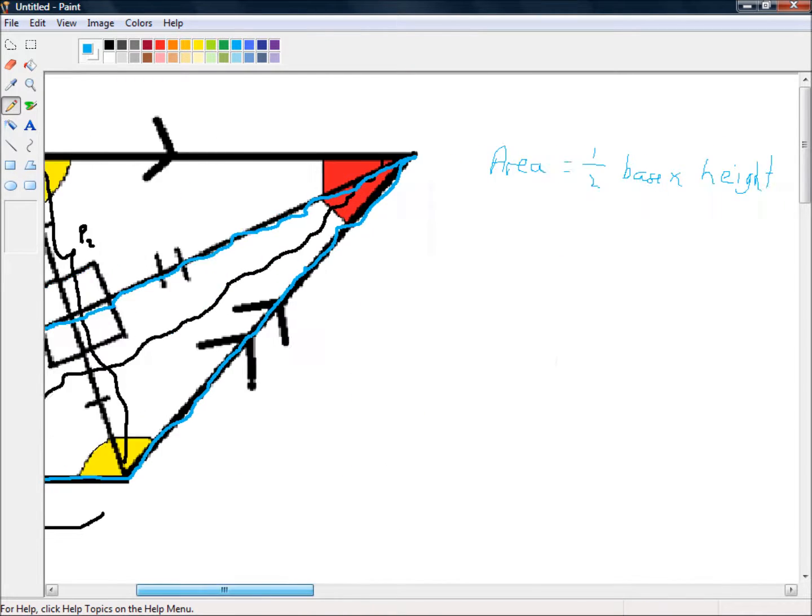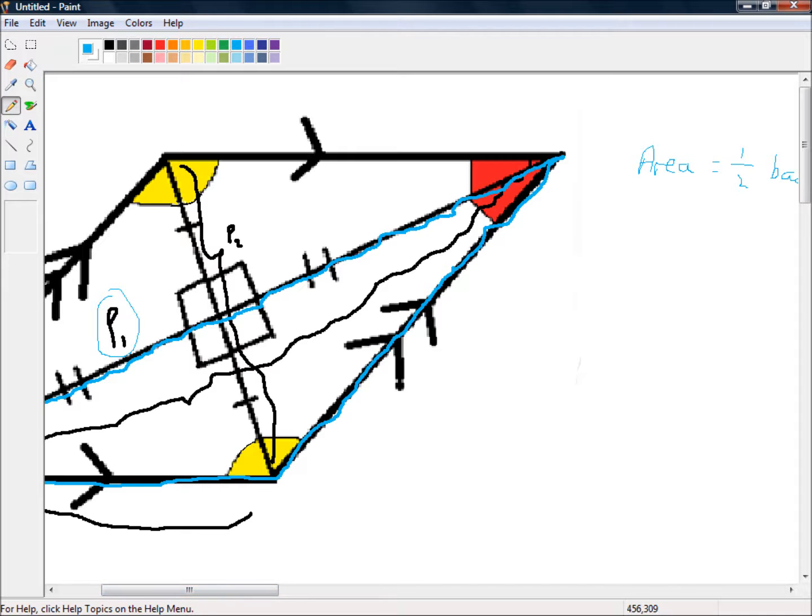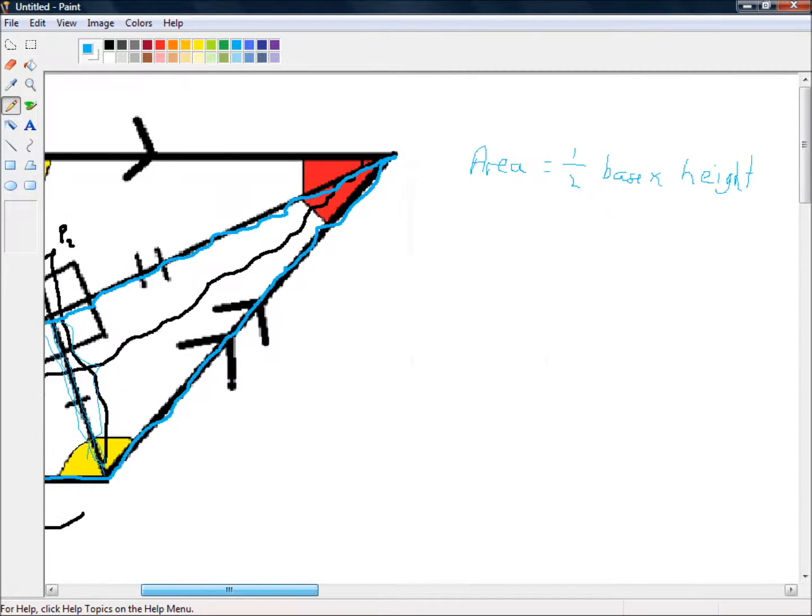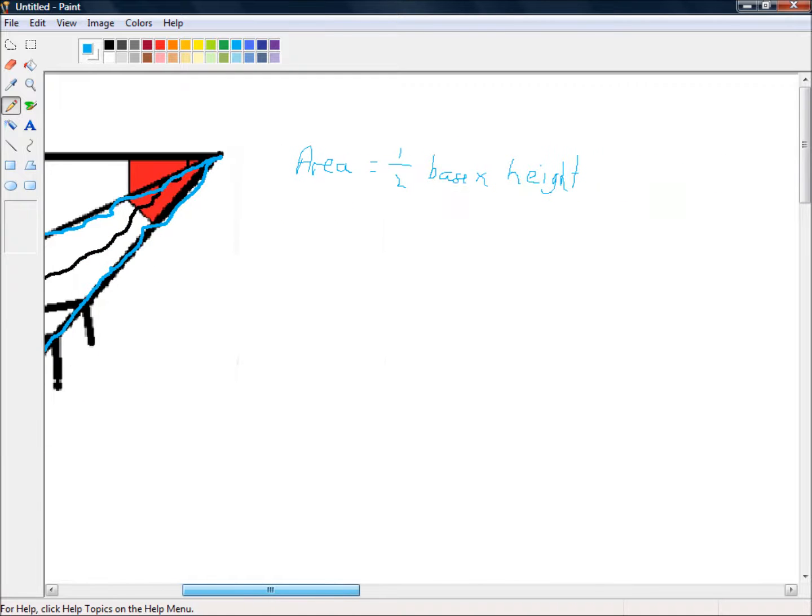And then the height is going to be half of P2 because P2 is the entire length of the diagonal. But we only want half of that because we know this is exactly half of P2 because these are perpendicular bisectors. That means they chop each other exactly in half.